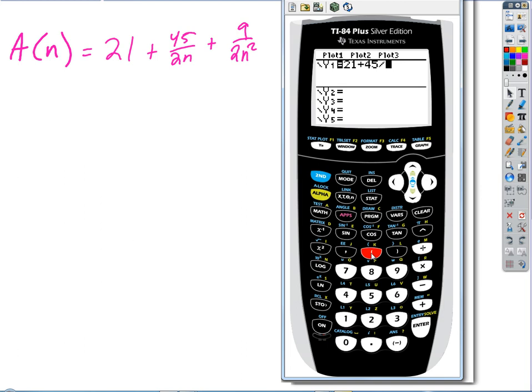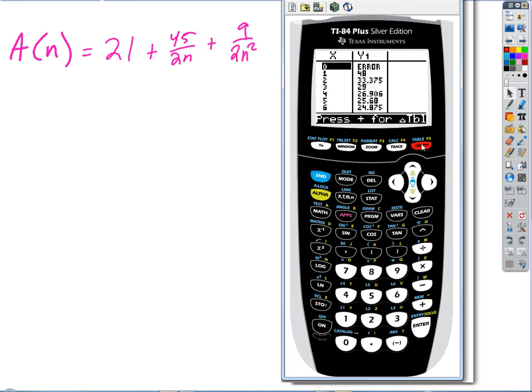If we just do it this way, I think it'll give us decimals. Okay, now if I go to the table, yeah, that's what I want. Now it's giving me decimals.